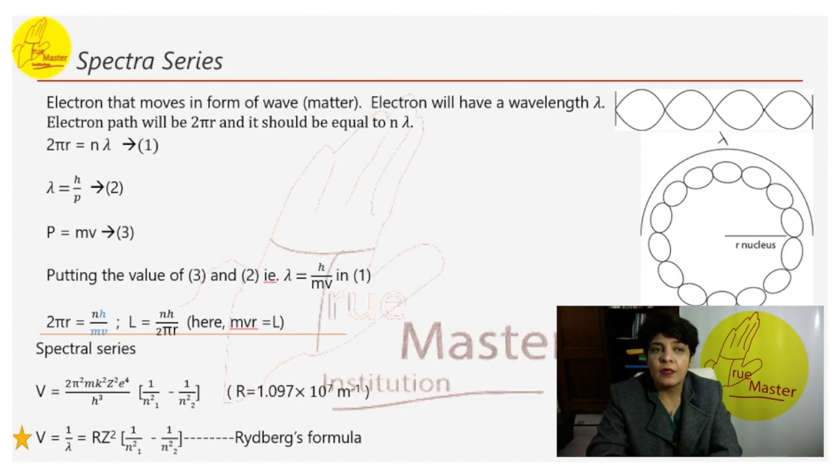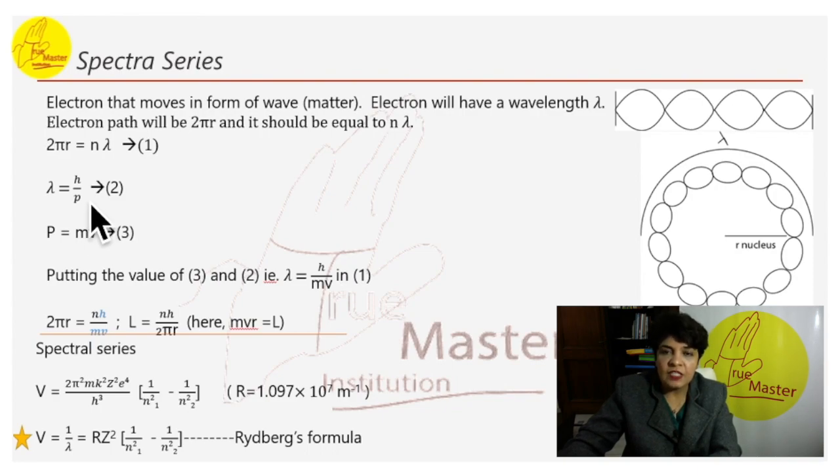The electron path will be 2 pi r and should be equal to n lambda. So 2 pi r is the total path, which should be equal to n number of lambdas. So this is our equation 1. Lambda is also equal to h by p, that is Planck's constant by momentum, which we have already seen.